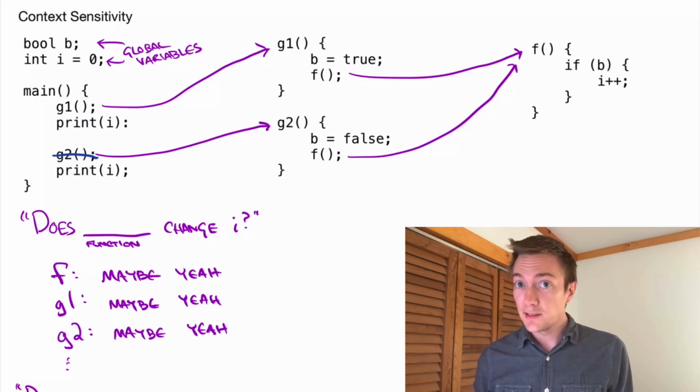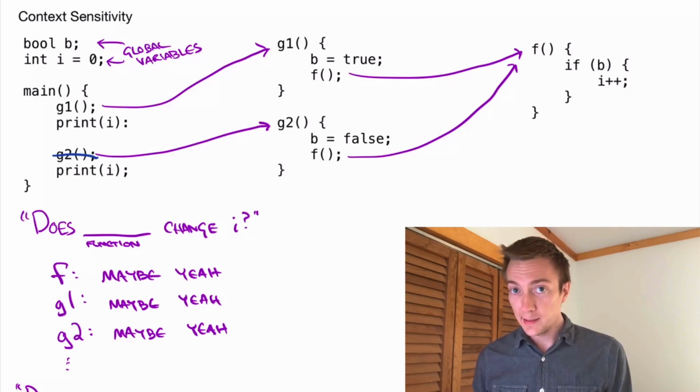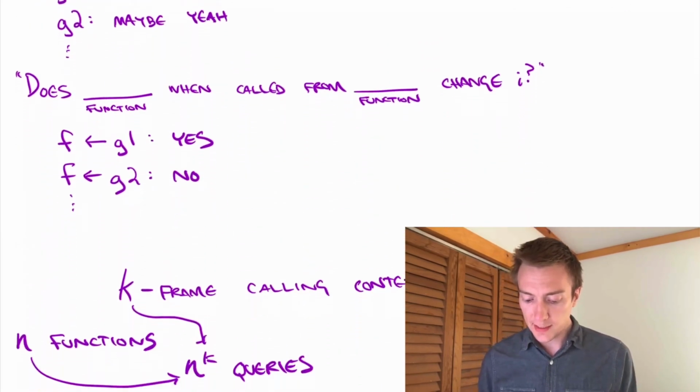We have had to conservatively assume that both G1 and G2 might modify I because f might modify I. This is disappointing in several ways, but it's possible to fix it by asking a context-sensitive question. So now let's change the analysis to do something else.